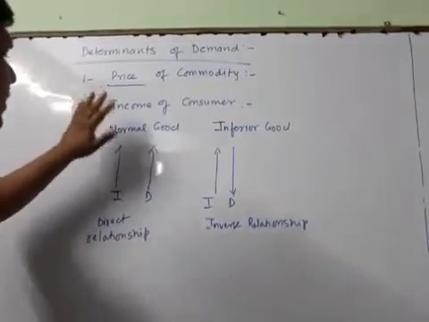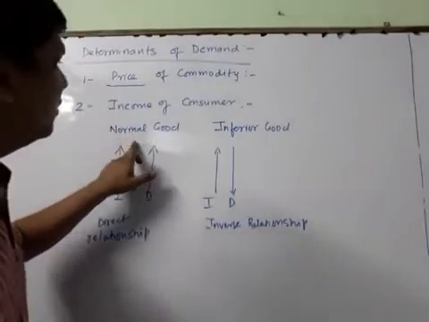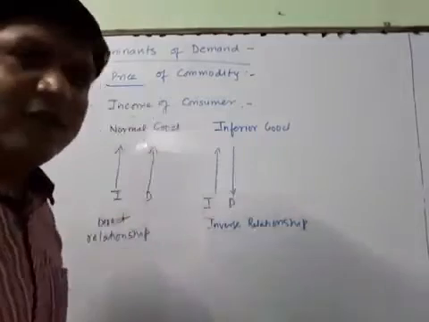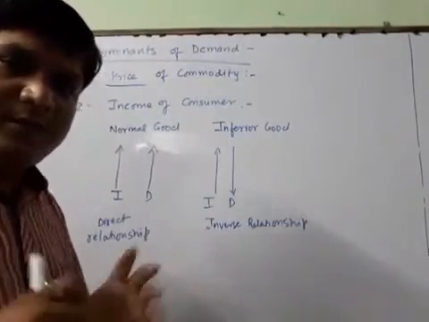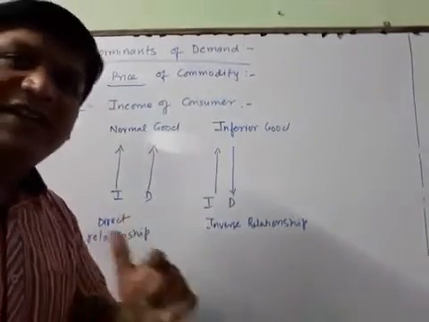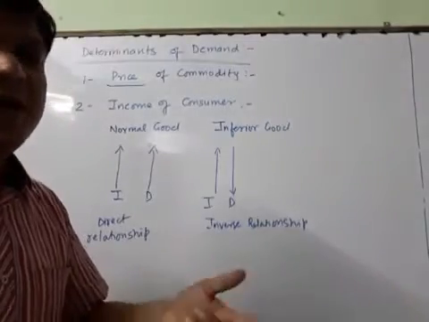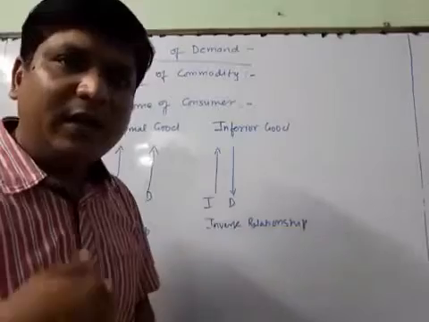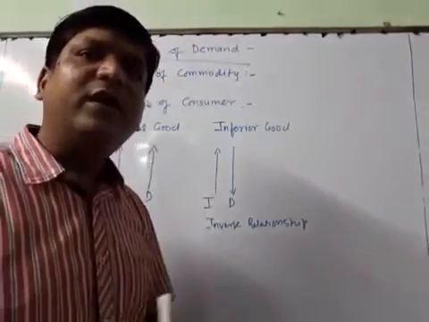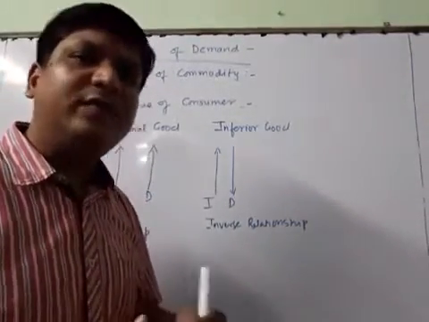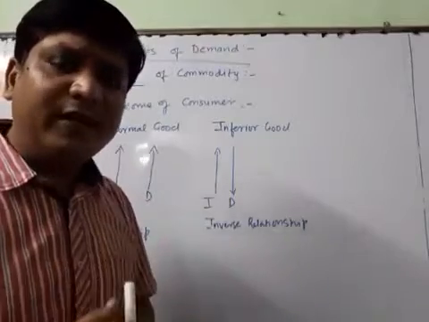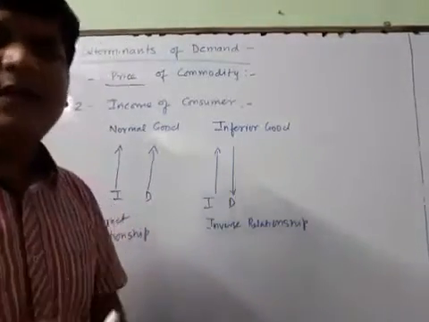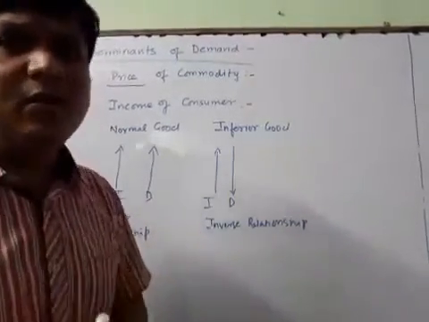So children, here there are two things: the demand for normal goods and the demand for inferior goods. The demand for normal goods increases with an increase in income and decreases with a decrease in income. The demand for cars, air conditioners, jewelries are taken as normal goods.